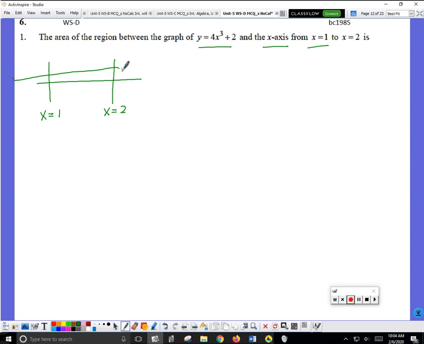All I care is that all the y-coordinates are positive. And now I know the integral. It looks like this. Because it's top minus bottom, this would be subtract 0. So there you go.